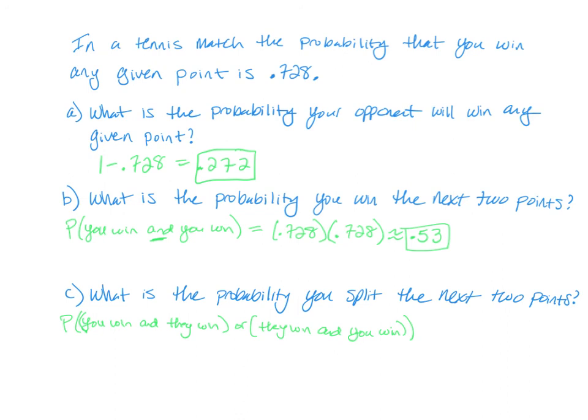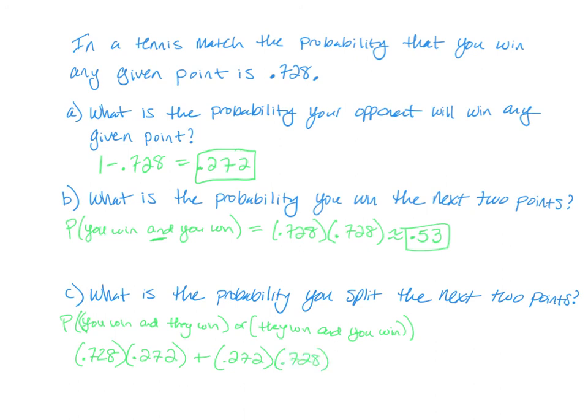So this is going to be a multiplication. The probability that you win and then they win is 0.728 times 0.272. That's the probability you win times the probability that they win. Or that's add, they win 0.272 and then you win 0.728.